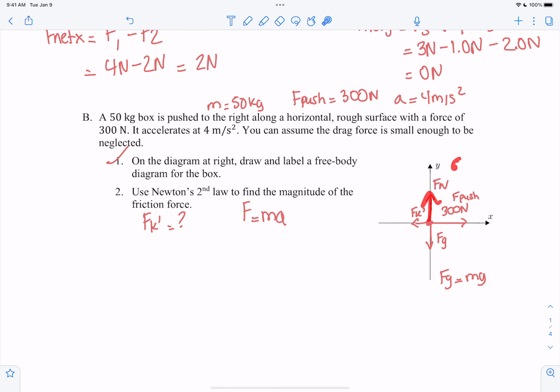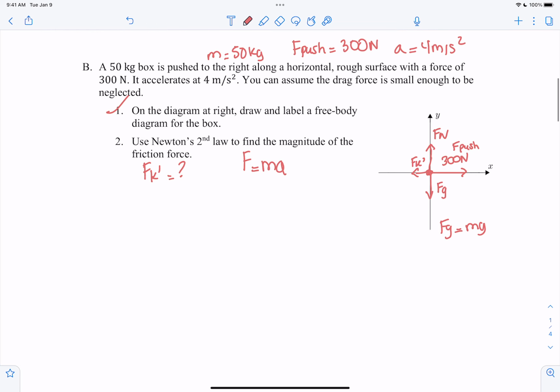And then our normal force would be a positive 500 newtons. So they cancel out, because there's no indication anywhere in the problem that there is some net force or net movement in the y direction. It's not levitating and it's not sinking through the floor. That's why we can neglect the y direction forces and focus on the x direction.